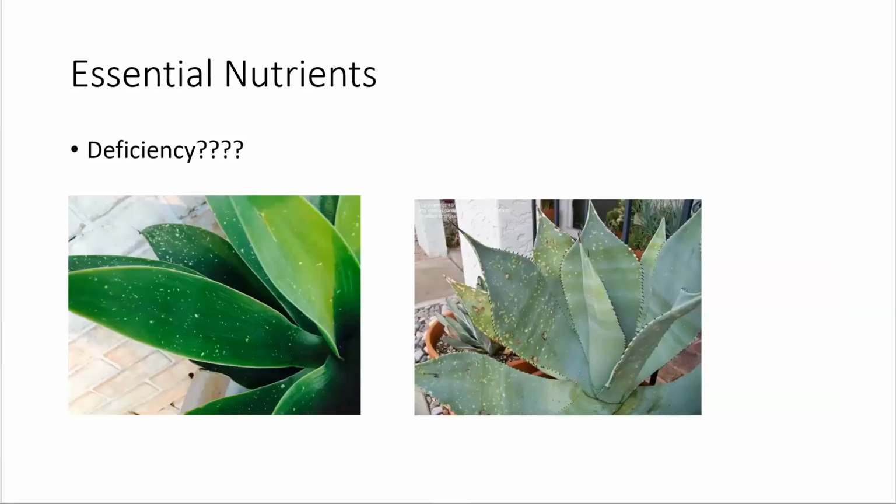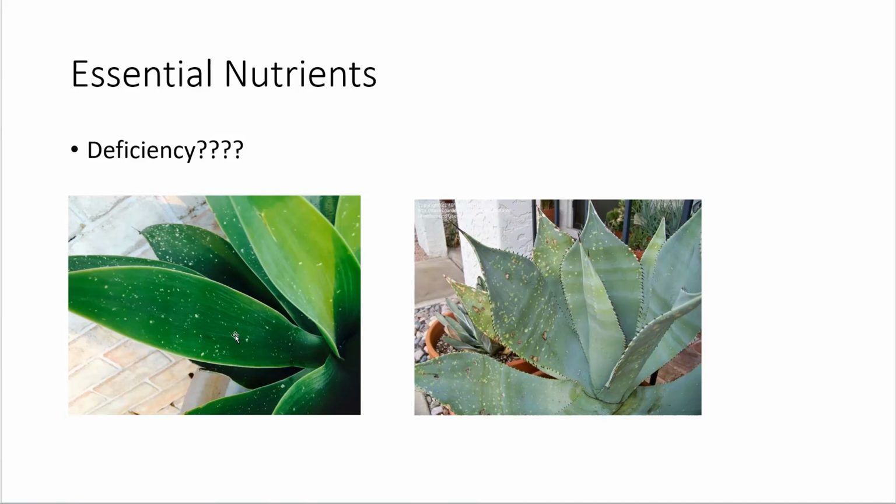What is that? Right? These little spots, like this could potentially be some sort of really specific micronutrient deficiency, right?